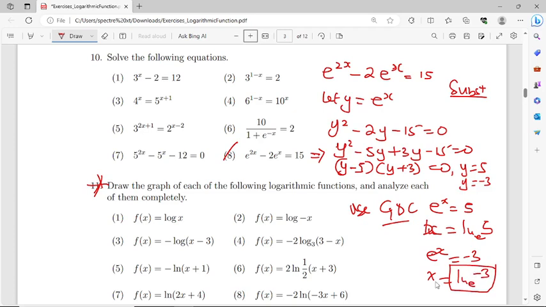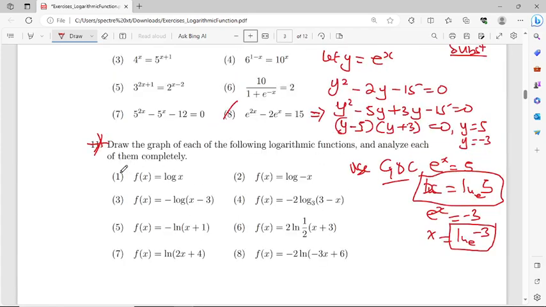And when you talk about the natural log of a negative number, we find that we deal with the positive logarithm. So this one you can use your GDC and see how the graphs behave.